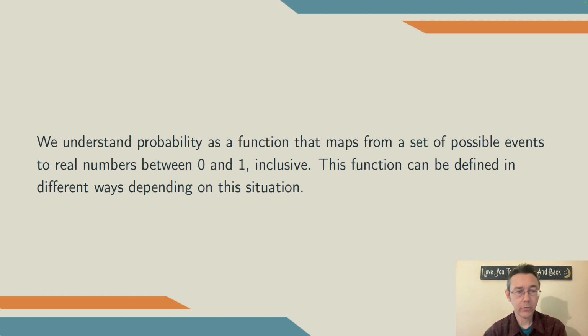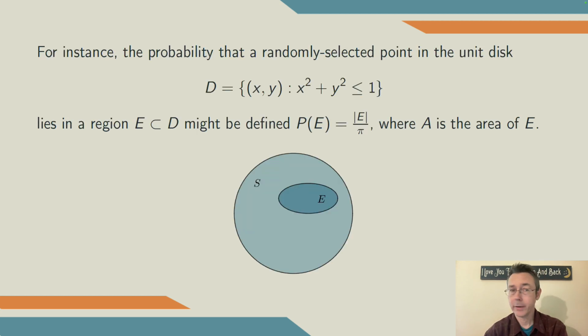In the context of this course, we're going to understand probability as a function, and its domain is going to be subsets of the sample space, that is, events, and the range will be real numbers between 0 and 1. There are different ways of defining that function depending on the context, and so we'll have to get into some of those different ways. One quick example, suppose we have this unit disk in the sort of light blue here, and we're going to take a point at random.